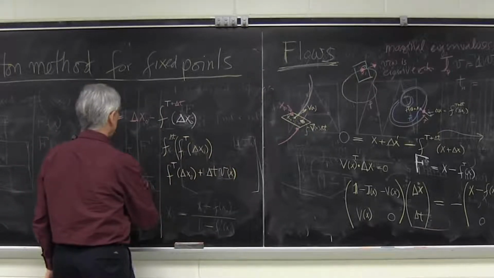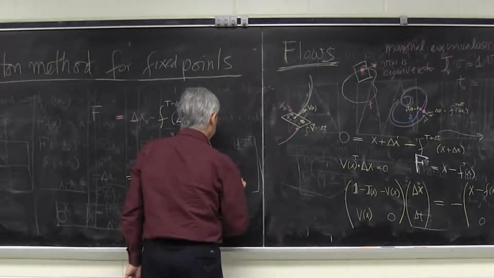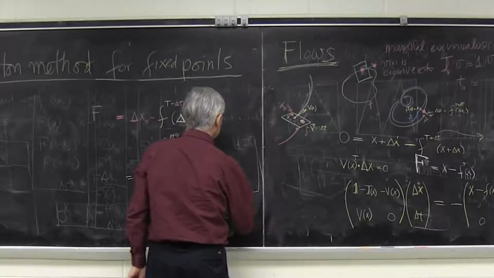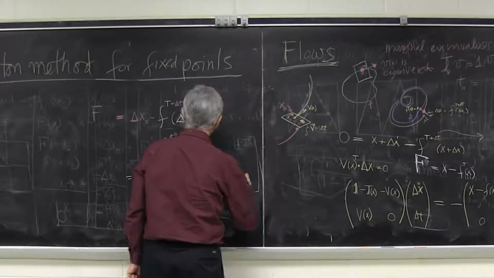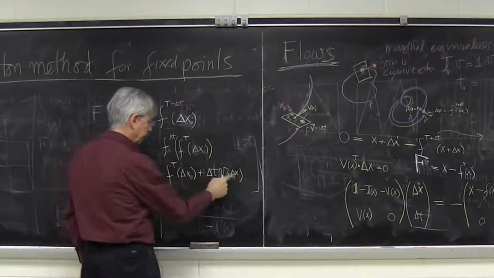Now we have equals delta x. Now this is computed at delta x by definition, right? But now I have two small numbers.